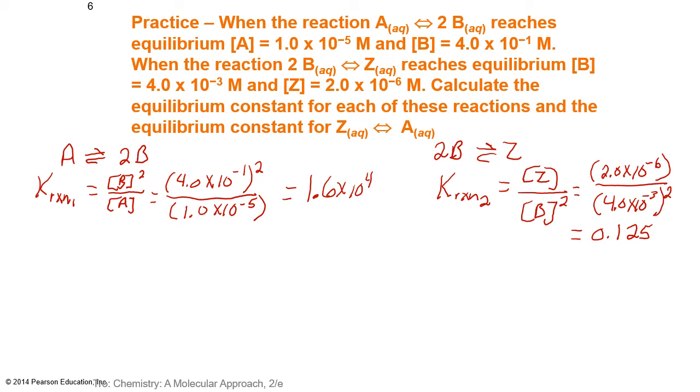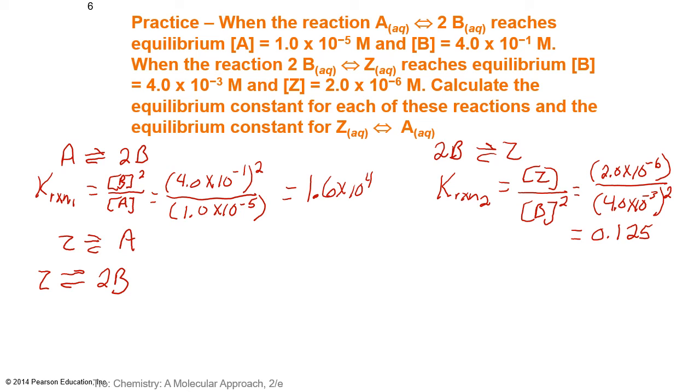So now, if we want to find Z to A, it is going to be done by first reversing our reactions. So we can go from Z to 2B.